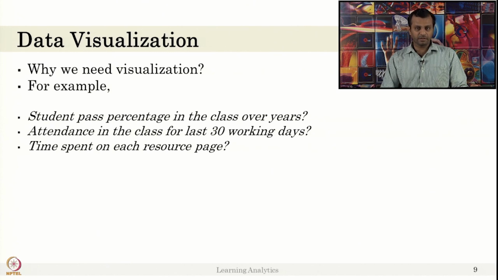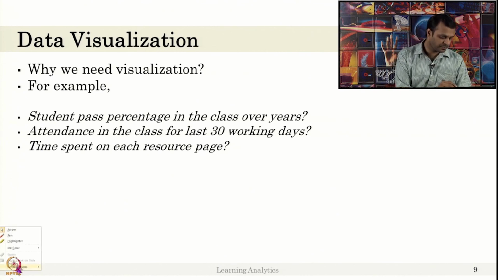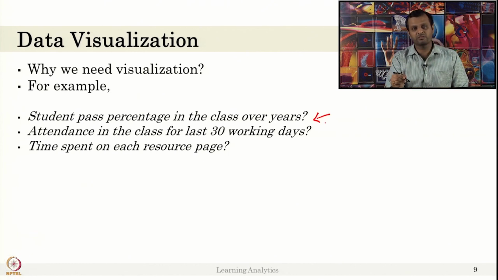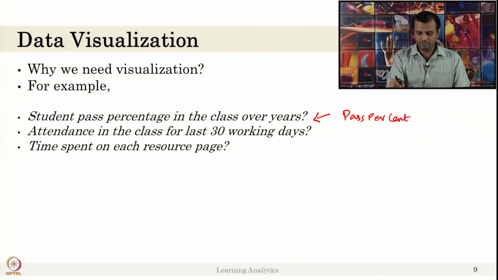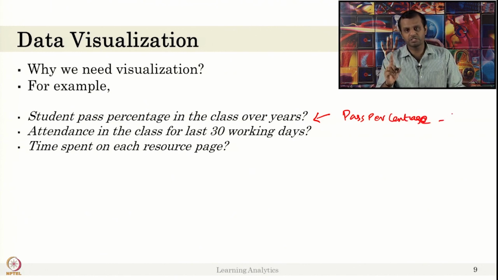or more detailed, more fine grained, is the time spent on each resource page. For example, the first one, here we talked about a more abstract level. For example, pass percentage. Here in this pass percentage, we are considering a group of students, not a single student, right.